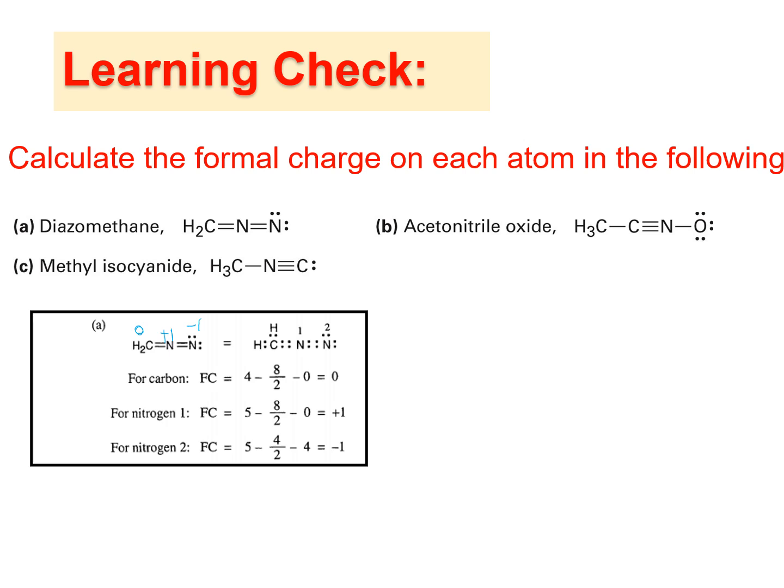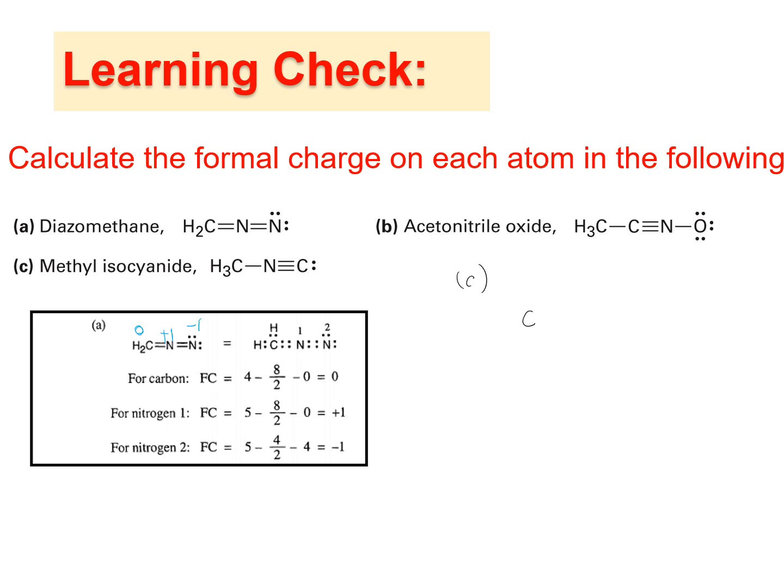Do you want to do another one? Okay, let's try this one. Methyl isocyanide. So we are going to do the next one, which is methyl isocyanide. Let me draw this out first, with the individual bonds.